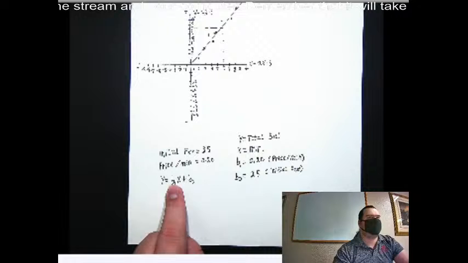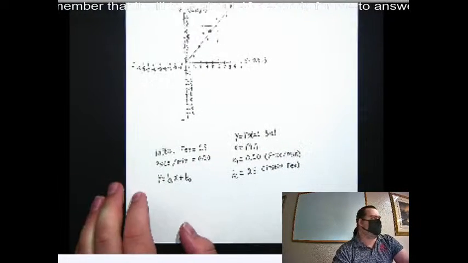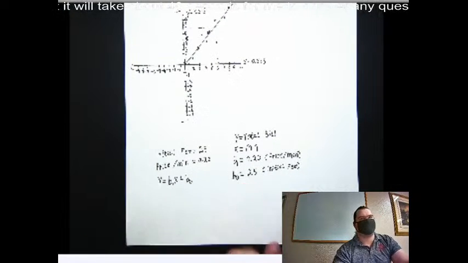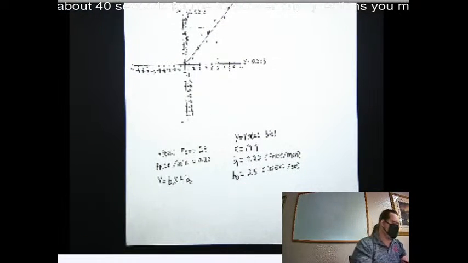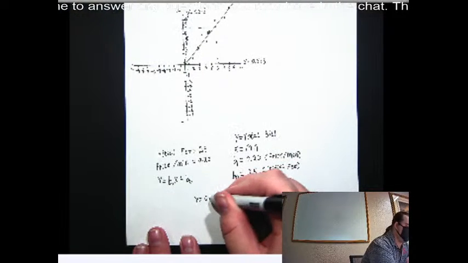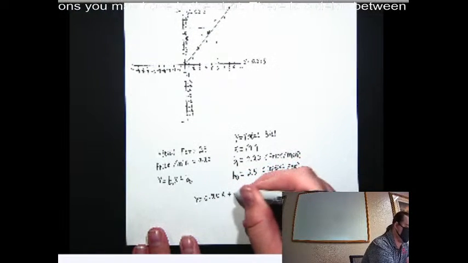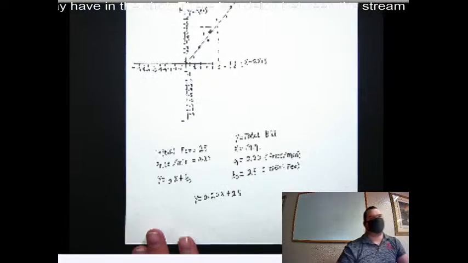Then 0 plus 25, 25. So no matter what, we have to pay that initial fee of $25. So yeah, b sub 0 is 25. So let's put this all together. This means we have y equals 0.20 times x plus 25. Here's our model.